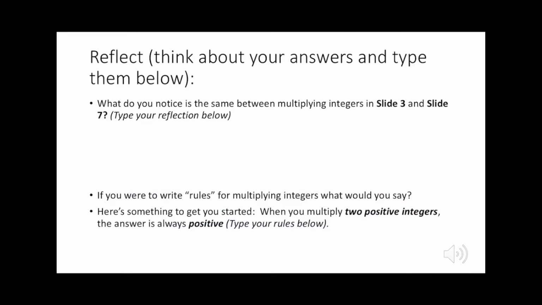So as you're reflecting, what do you notice is the same between multiplying integers in slide 3 and multiplying integers in slide 7? What did you notice about the signs?